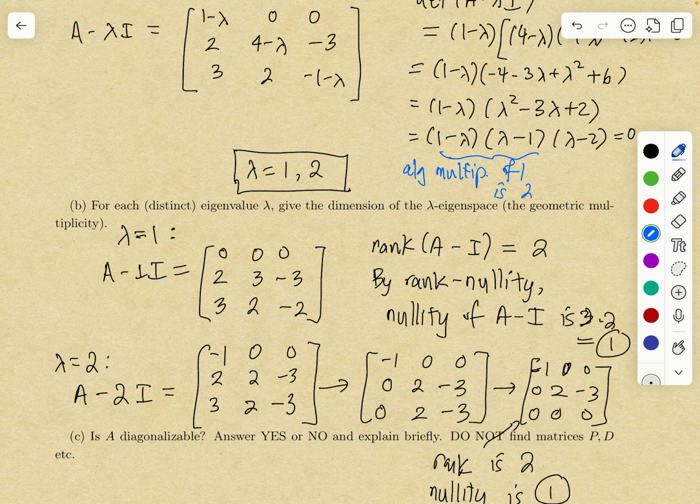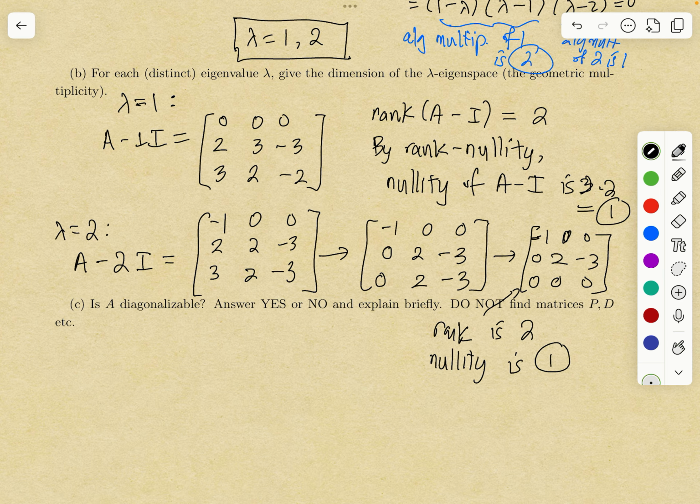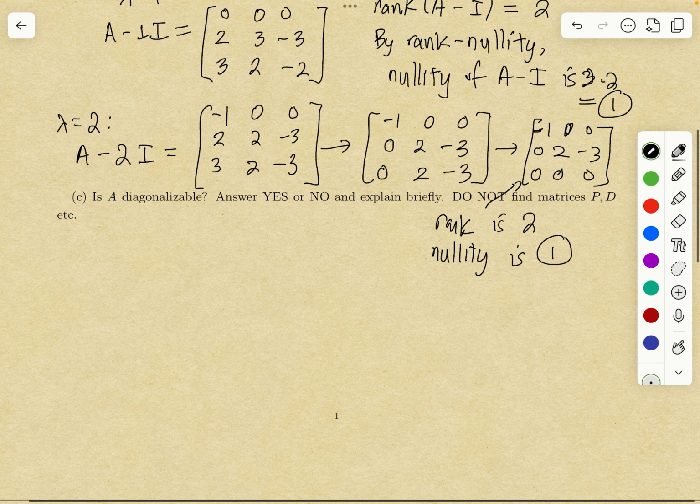The number 1 is the double root of this polynomial. And the algebraic multiplicity of 2 is 1.